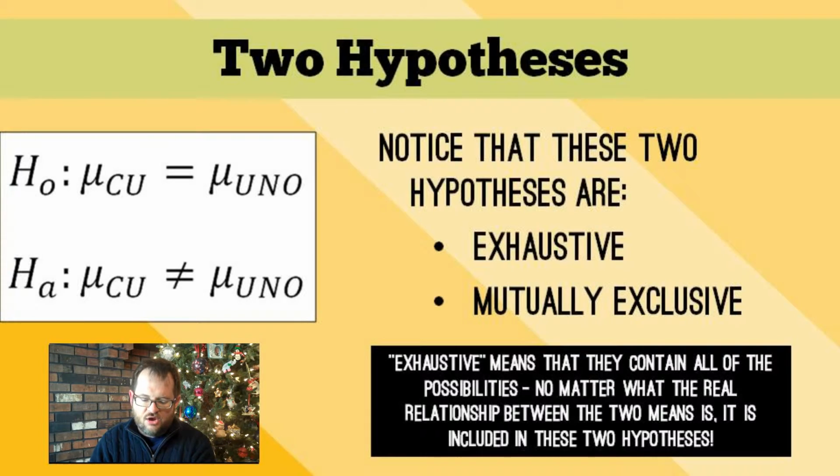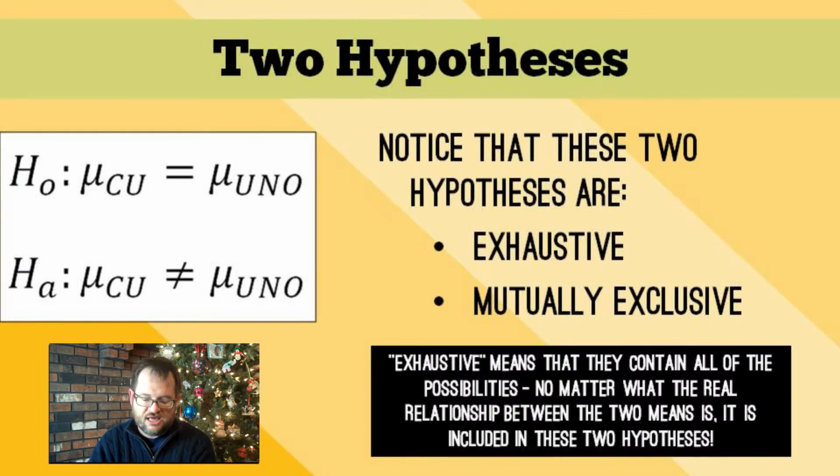I mean, notice that I didn't make it so that my null hypothesis was that they were equal, and my alternative hypothesis is that they are equal on weekdays. Well, then there would also be the possibility about what happens on weekends, right? For that matter, I didn't make it so that my alternative hypothesis is that Creighton students are taller than UNO students.